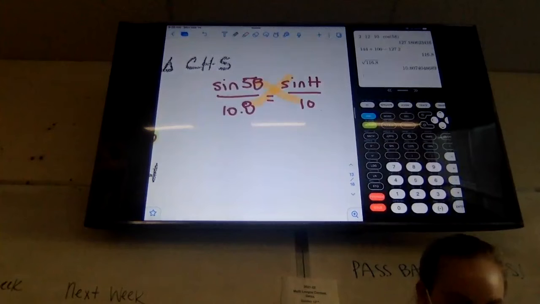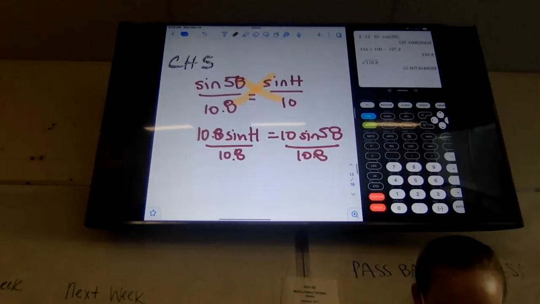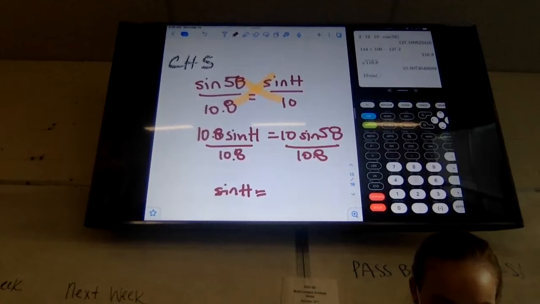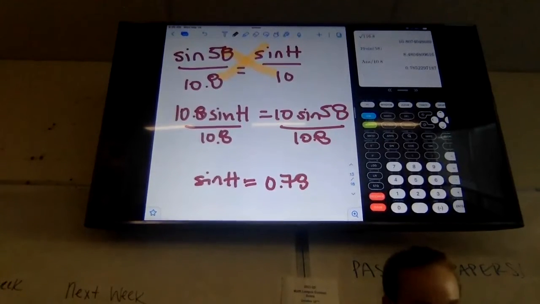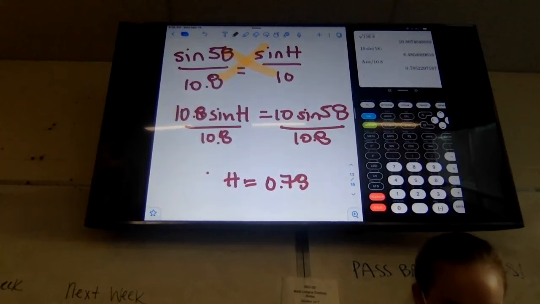Cross multiply. 10.8 times sine of h equals 10 times sine of 58, divided by 10.8. Okay, so I get sine of h equals 0.78.